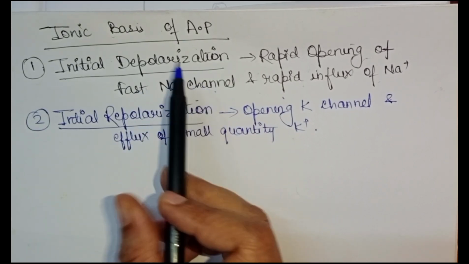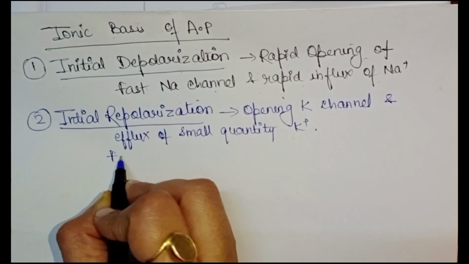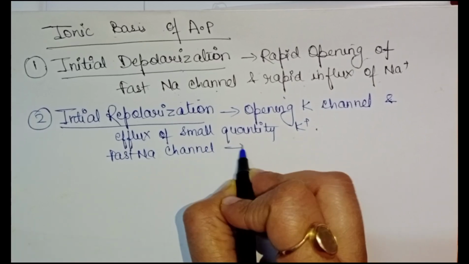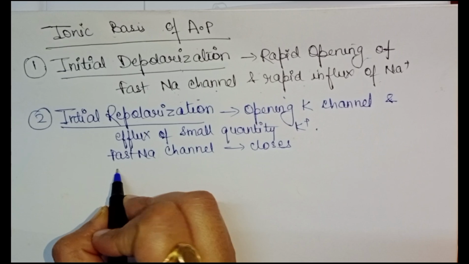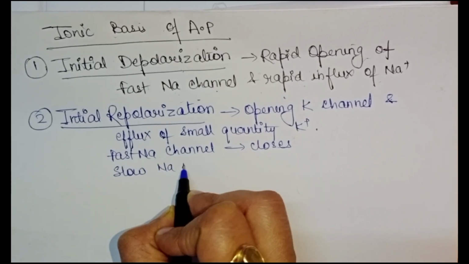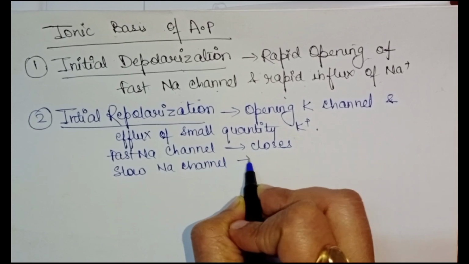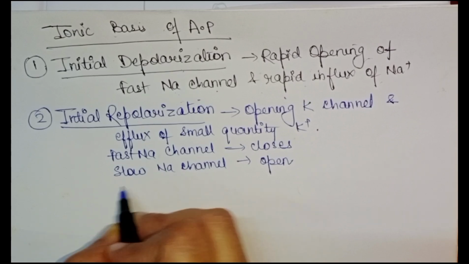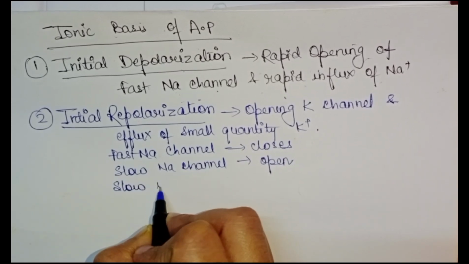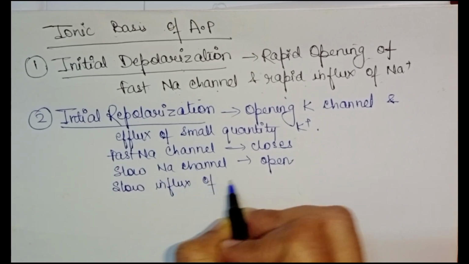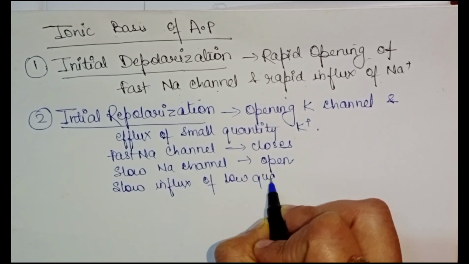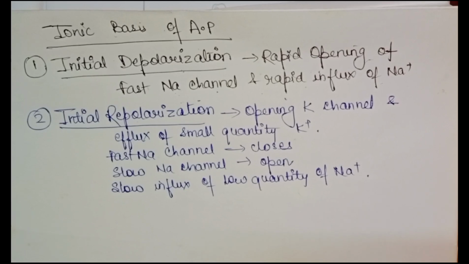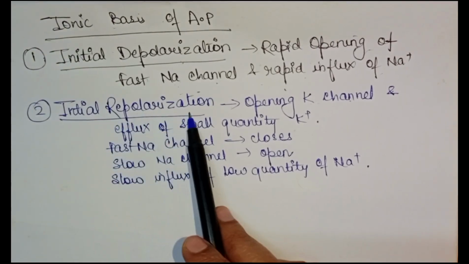The fast sodium channel, which was opened during initial depolarization, closes, and the slow sodium channel opens, resulting in slow influx of a low quantity of sodium ion.